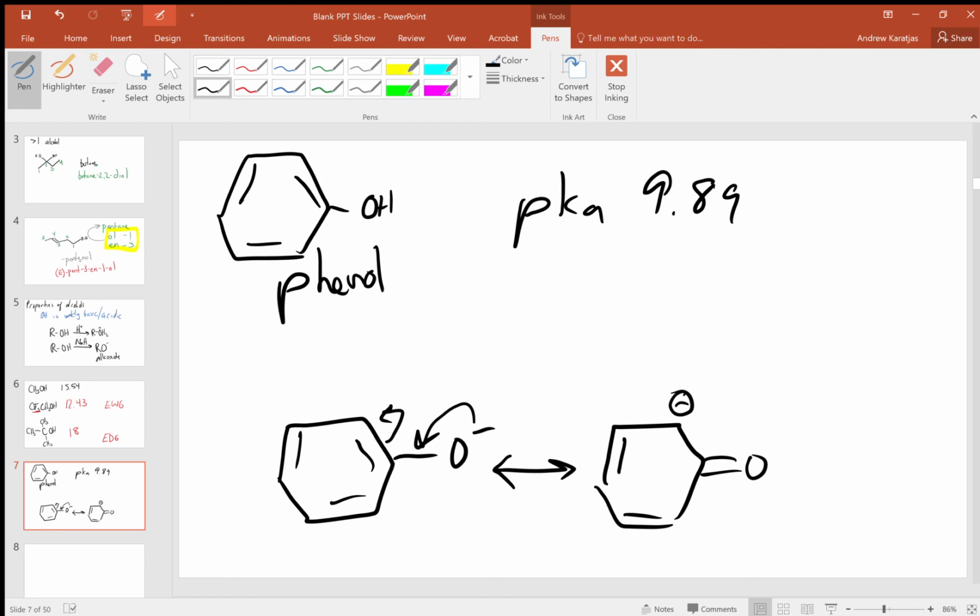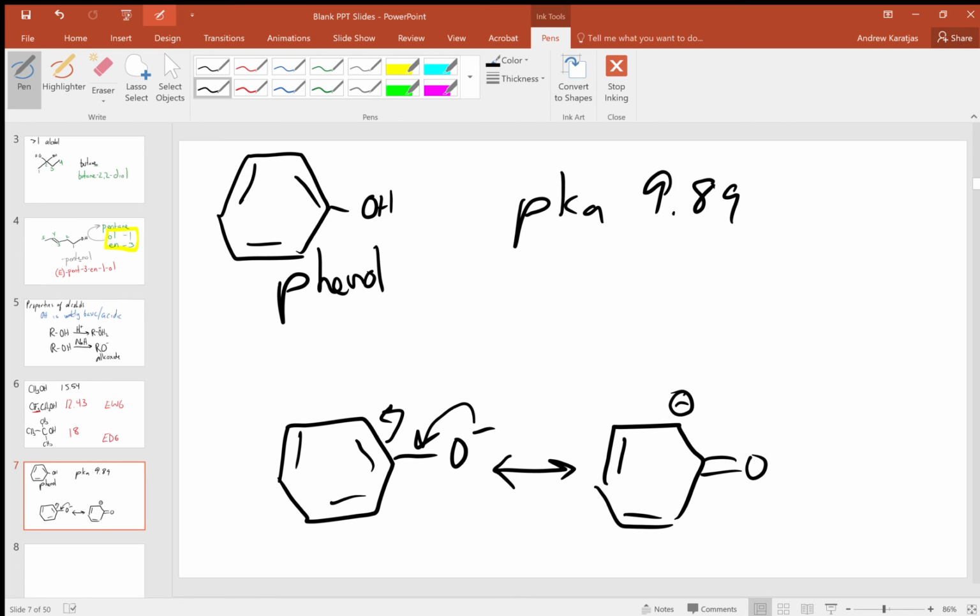And we could continue moving this charge around the aromatic ring. But the result would be the same. We'd continue to show the extra stabilization based on resonance that makes it a stronger acid.